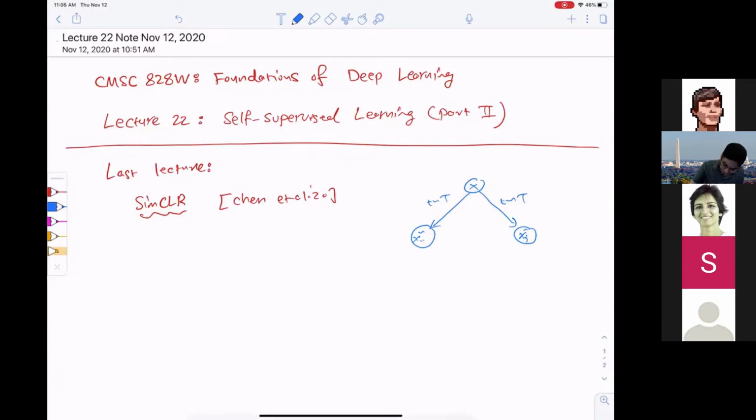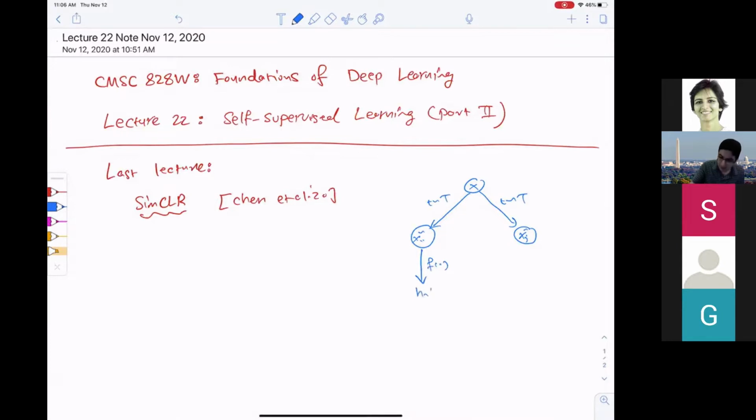And then you learn an encoder, embedding function, to map them to the embedding vectors. But what they also propose, they have this nonlinear projection map, G, that maps H's to Z's. G is often like an MLP with one hidden layer.